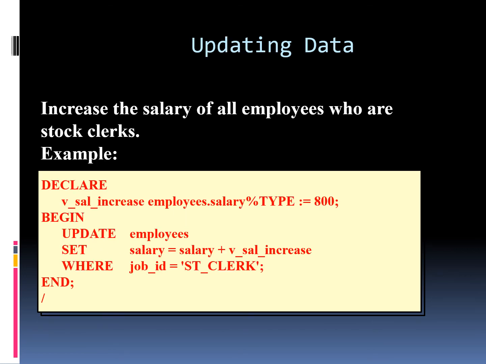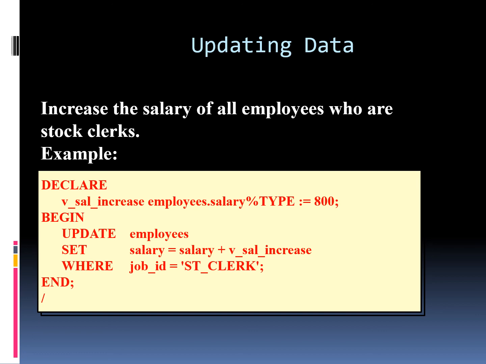This slide shows how we can update the data of a table using our PL/SQL program. In this example, suppose we want to increase the salary of a particular employee. So this can be done by declaring a variable as v_salary_increase. This variable is of the type employees.salary%TYPE, where salary is the field of the table, and it is equal to 800.